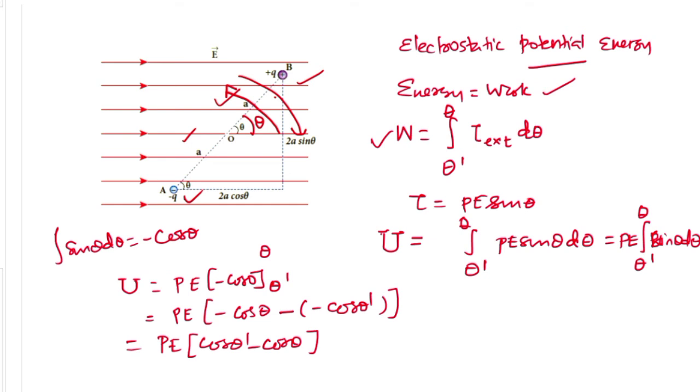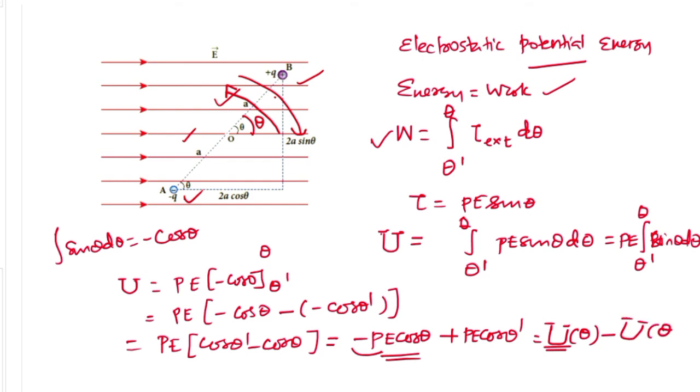Or you can say minus PE cos theta plus PE cos theta prime. Therefore this can be written as epsilon, the energy as a function of theta, minus the energy as a function of theta prime.